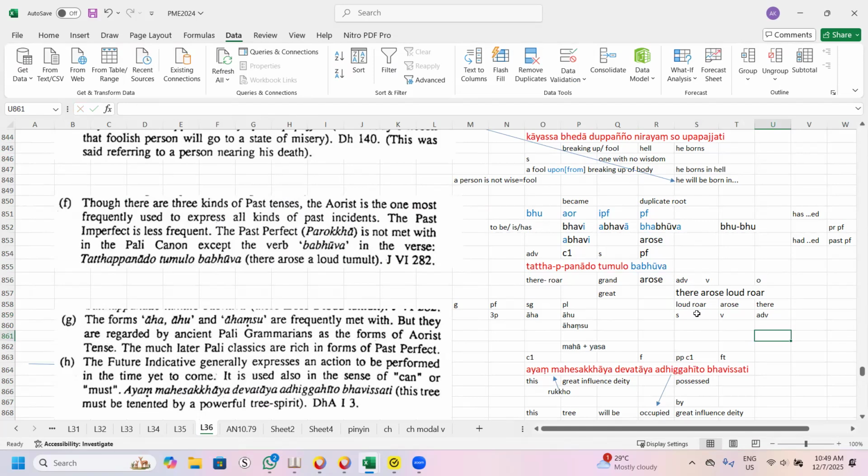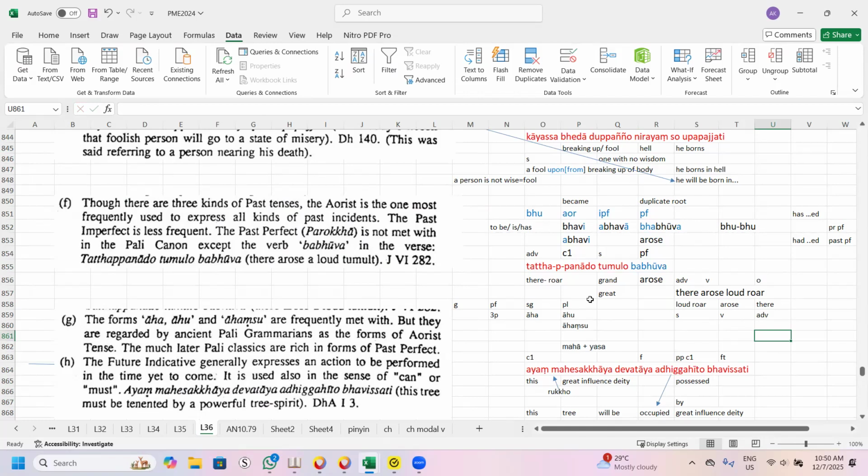Can you see? Loud roar arose there. But in English, we cannot do like that. We have to put "there arose a loud roar." So both of them. That's why this one becomes the object, because this is how we rearrange.